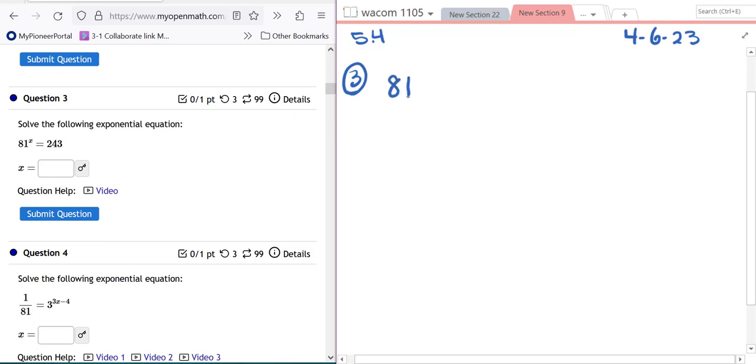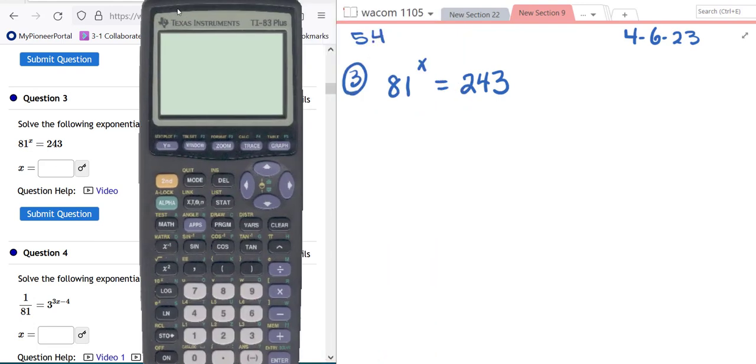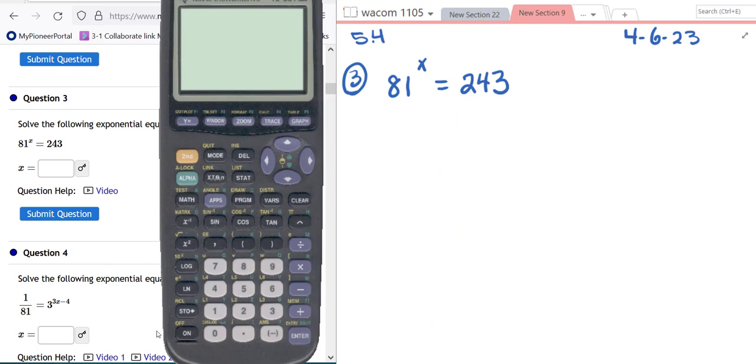And remember with these, what you try to do is write them with the same base, if you can. Now, if you play in your calculator, even 81 squared is really big, so 81 is not going to work. You might remember that 81 is made out of 3s. And so 3 to the 4th gives us 81. And so you want to check on your calculator, does 3 to some power give you 243?